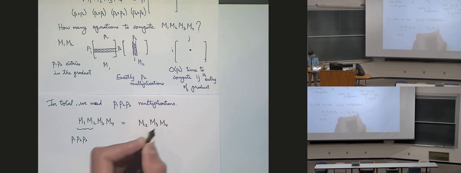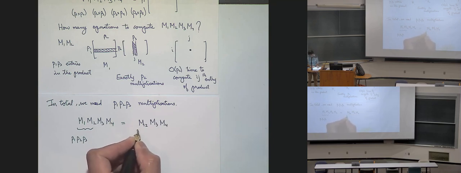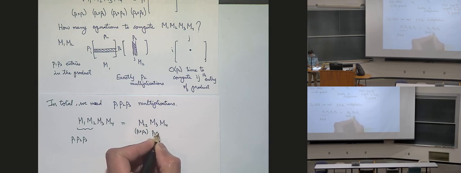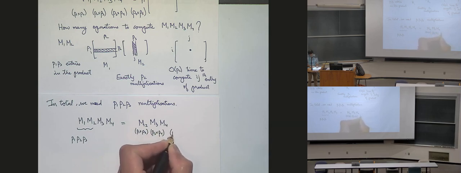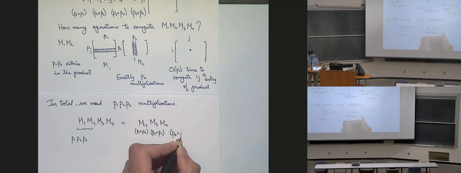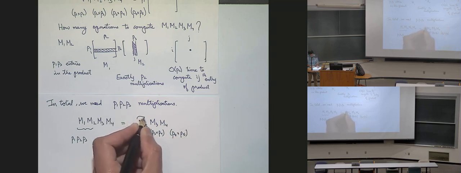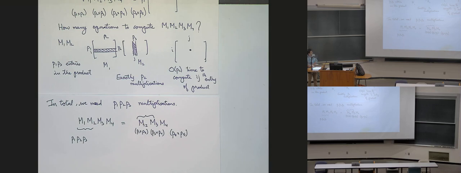And this matrix is a P1 cross P3 matrix. This is P3 cross P4 and P4 cross P5. So then you do this multiplication and you end up with P1, P3, P4 operations. Does that make sense? Right, just by the same logic. You're just multiplying all the dimensions together.